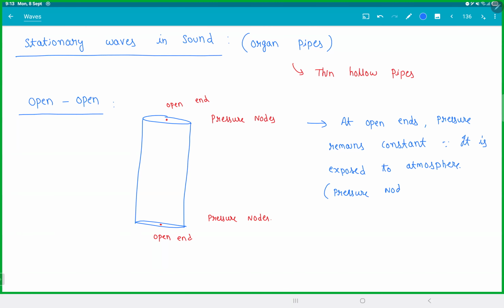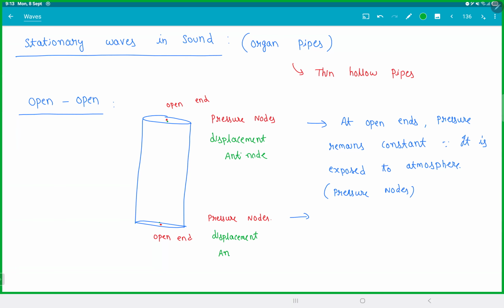Similarly, if you look at the particles here, these are free to move. There is no one stopping you from moving. This is like a free end. These are displacement antinodes. So you have to be careful, everyone. If someone asks you this question, in an open end tube, what is an open end, is it a node or an antinode? Then the question should be, boss, what are you talking about? Are you talking about displacement or are you talking about pressure? If you talk about pressure, it's a pressure node. If you talk about displacement, it's a displacement antinode. Most of the time, we will study pressure nodes.